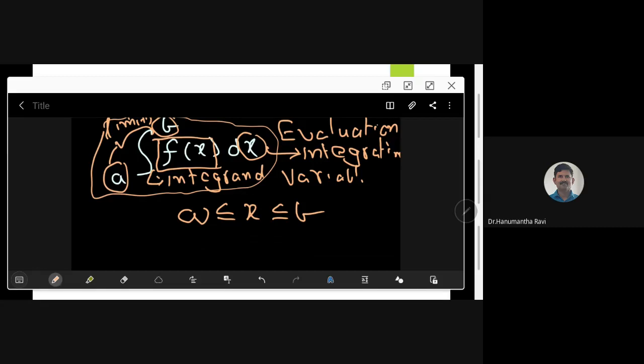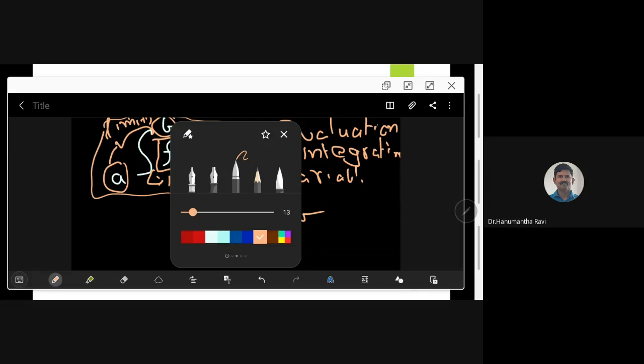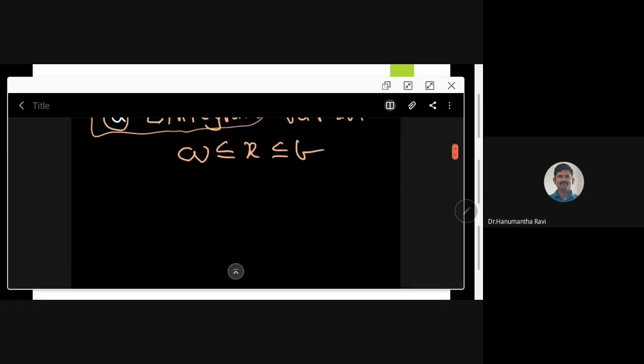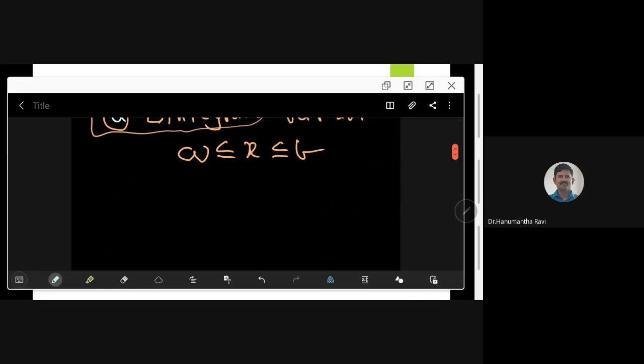So strictly speaking, we have only two important ways of evaluating the integral, that is, finding the value. The most important one is called change of variable.